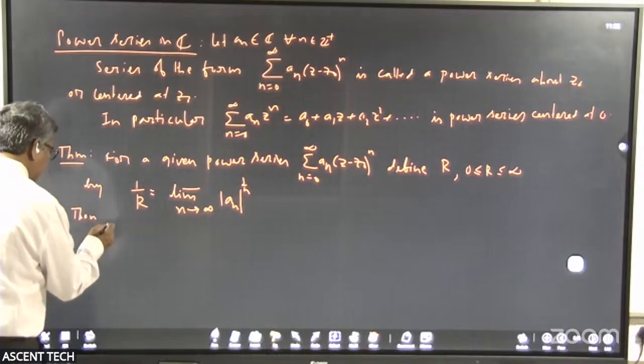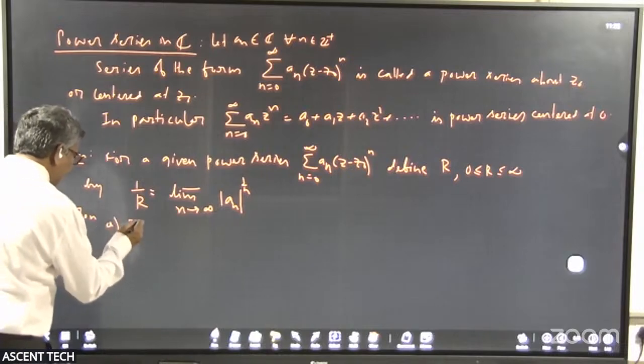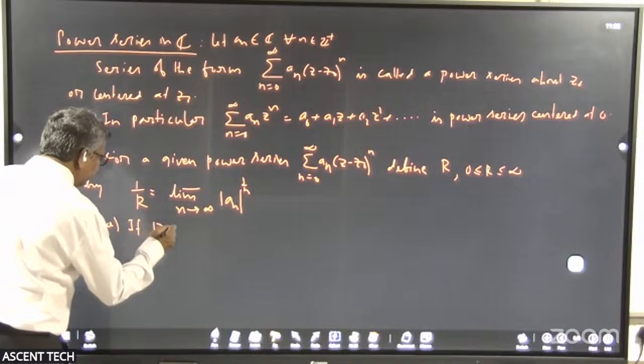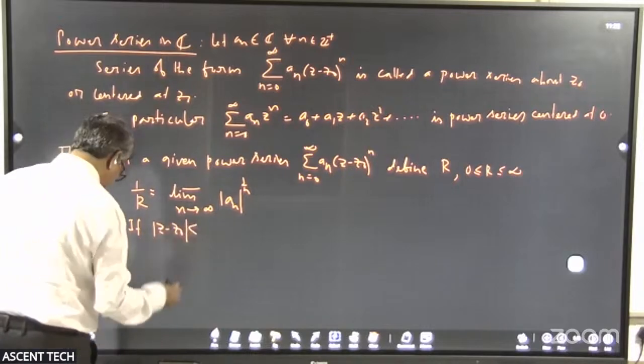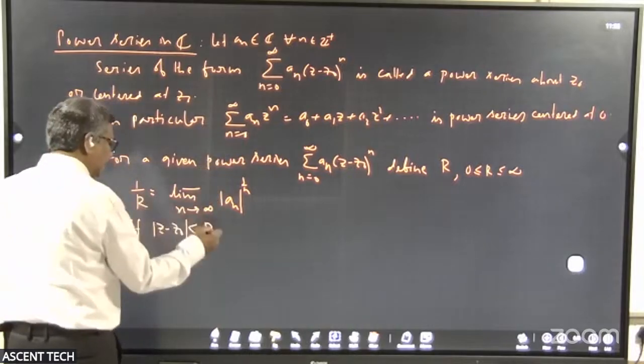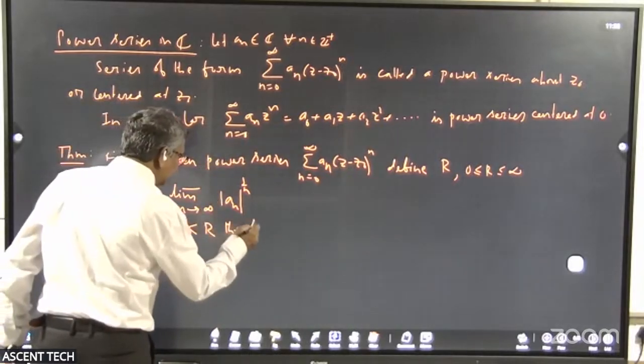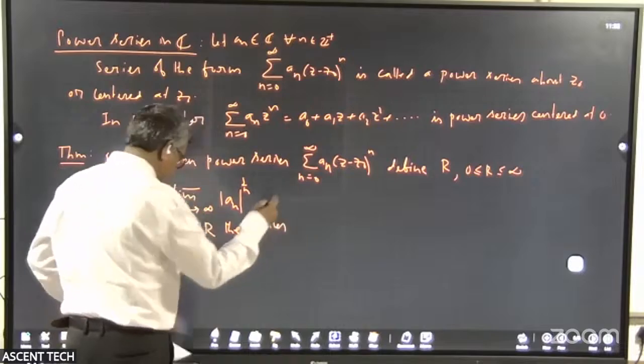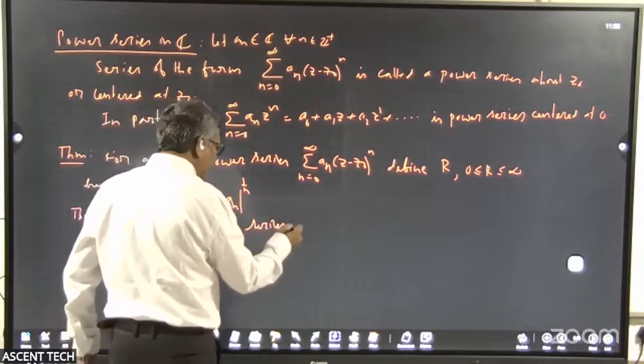A. If mod z minus z naught is less than capital R, the series converges.